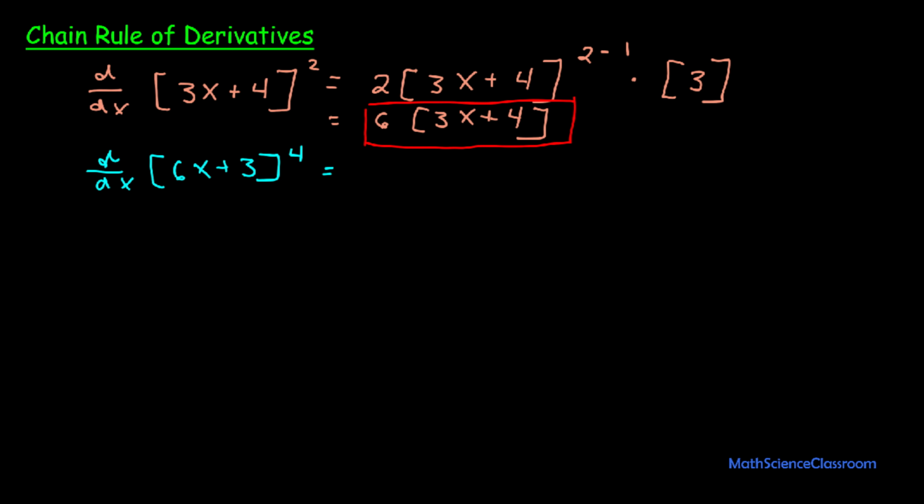Can we move the exponent to the front? 4 times (6x plus 3) to the 3rd, then times the derivative of the inner function, times 6, equals 24 times (6x plus 3) to the 3rd power.